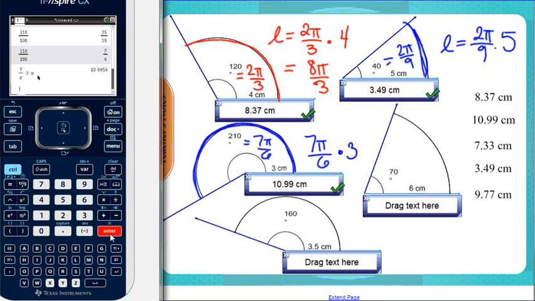Okay, and then we'll do one more. We've got 70 degrees, which is 7 pi over 18 when we reduce that. So that's the length of theta in radians. So we'll have 7 pi over 18 times 6.